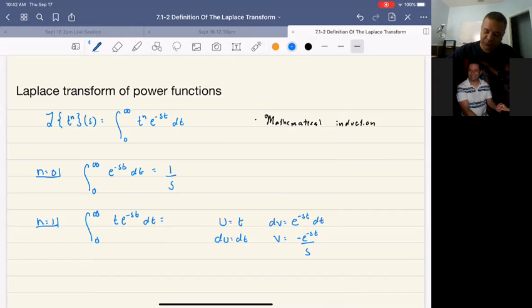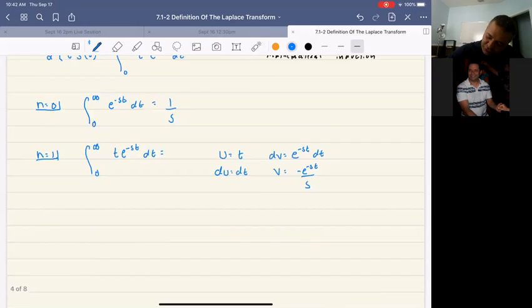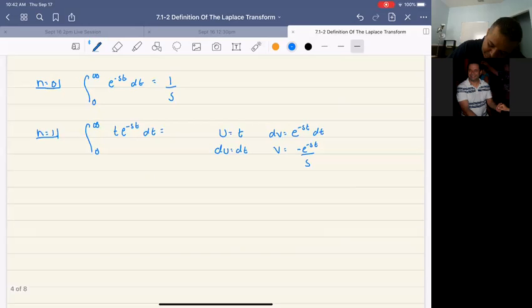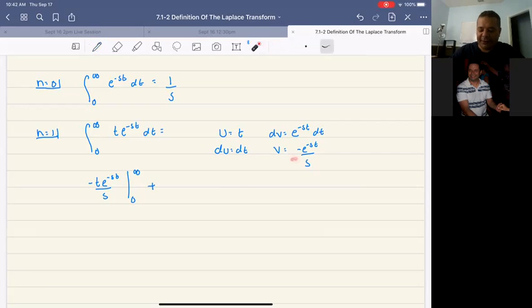So we're going to get uv from 0 to infinity plus, because the minus and the minus that comes from integration by parts become plus, the integral from 0 to infinity of e to the negative st divided by s dt.